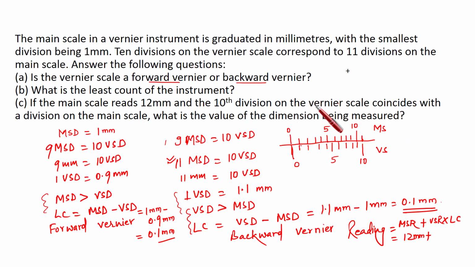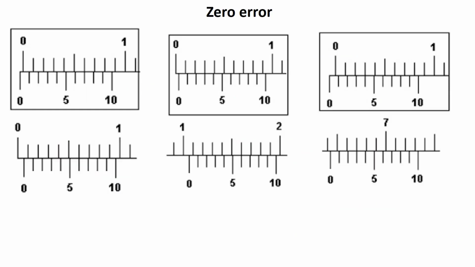So vernier scale reading is 10 into least count 0.1 mm. This will give you 13 mm. So this is the answer. Clear? So either it comes as a forward vernier or backward vernier, there is nothing to worry about.